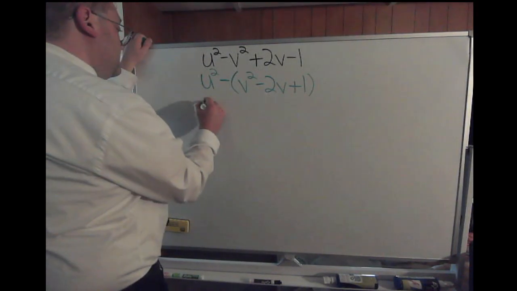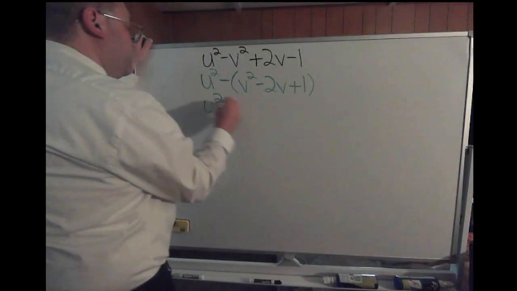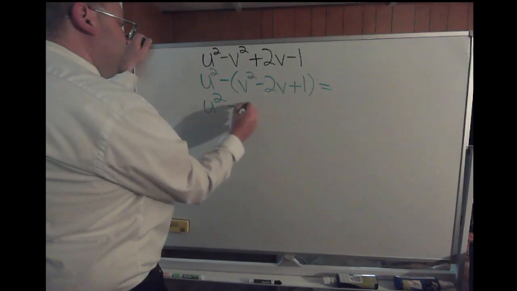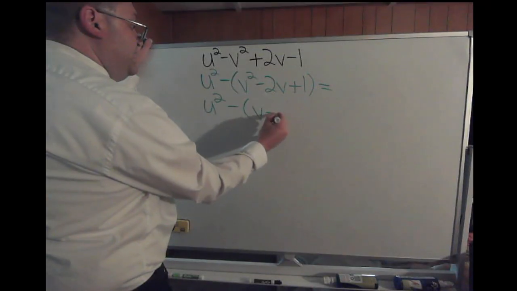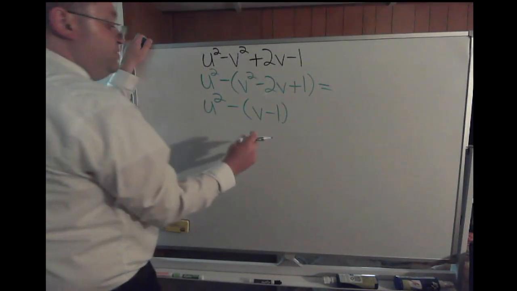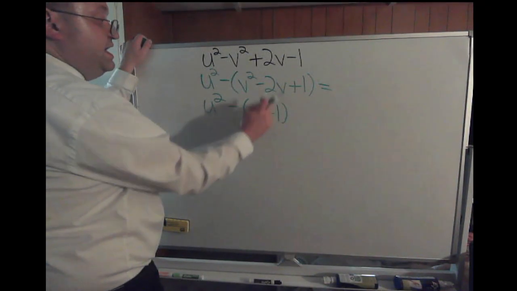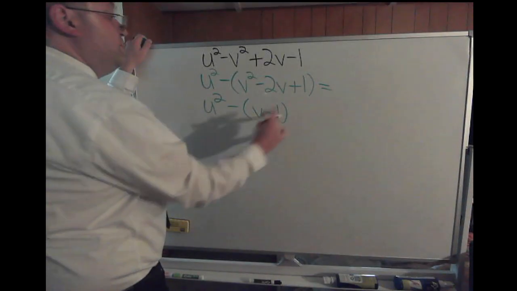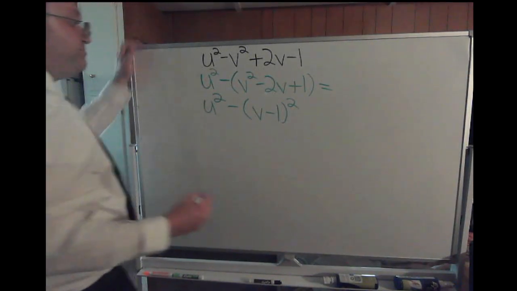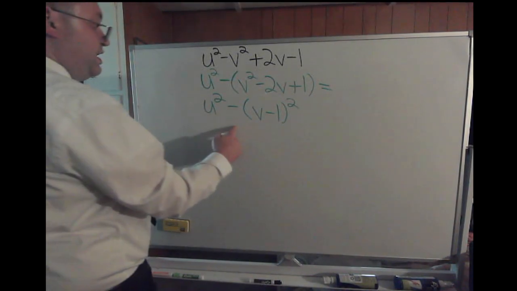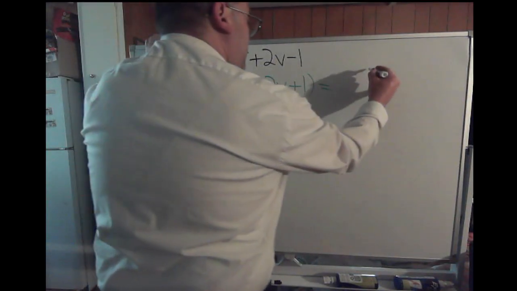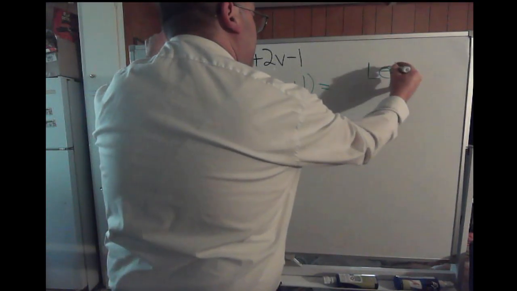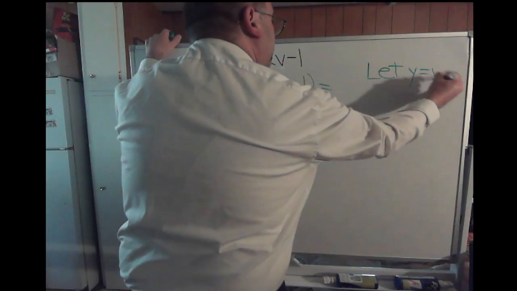So let's deal with the u squared minus, so you've got v, you have negative 1, and if you take 2 times v times negative 1, you get negative 2v, so it is a binomial square. So now you have u squared minus (v minus 1) squared. Oh, let's let y equal v minus 1. We'll let y equal v minus 1.